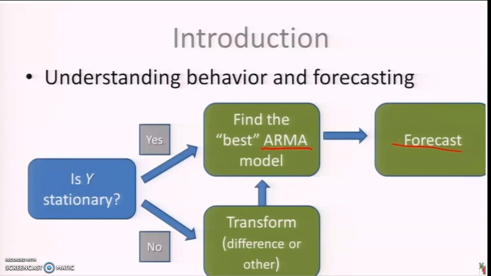And once we choose the best ARMA model, then we can use that for forecasting. But in time series data analysis, in the majority of cases, the time series are not stationary at level. So we may need to transform the series either by taking the difference, or by taking the natural log, or by taking growth of that series to make it stationary.